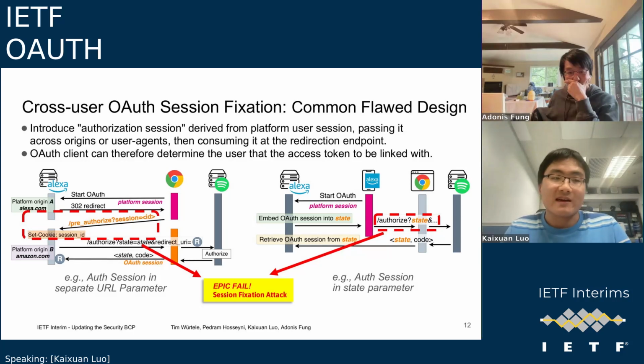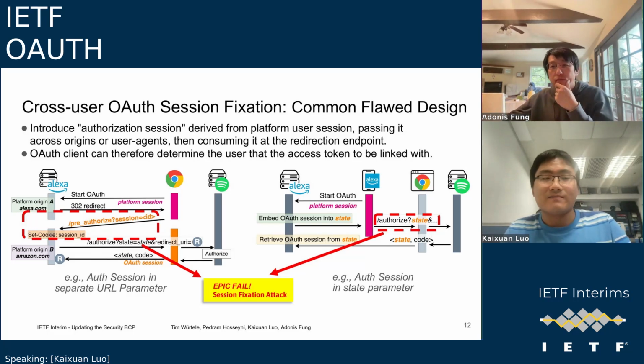One of the designs is that some platforms would just embed this OAuth session or authorization session in a separate URL parameter. Basically, they modify the OAuth flow to invent an extra request to the origin where the redirection endpoint resides. So usually you would start OAuth, and there's this first request to the platform origin A, where the platform session would be attached.